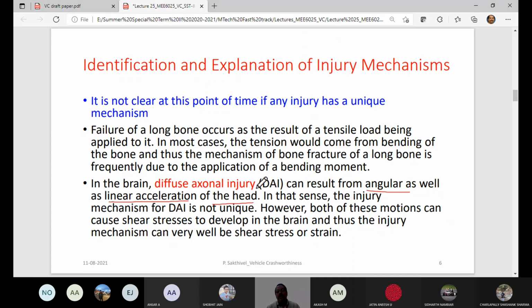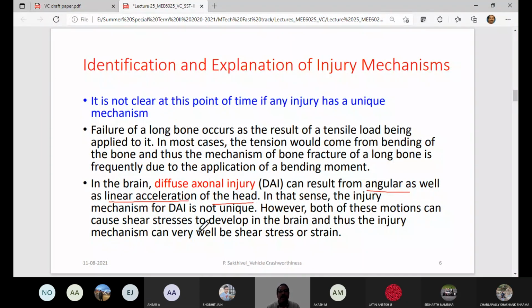So during a crash event, the crash pulse is what is getting into the occupant, and that crash pulse is responsible for subjecting various parts of the human to vulnerable accelerations, decelerations, and so on. So at the center of gravity of the head, the angular as well as linear acceleration is going to be realized, and that is the main cause for this DAI.